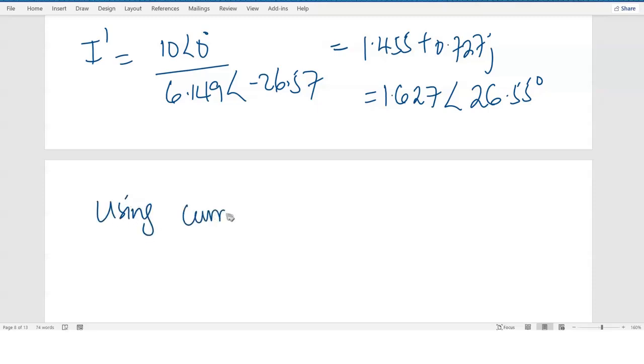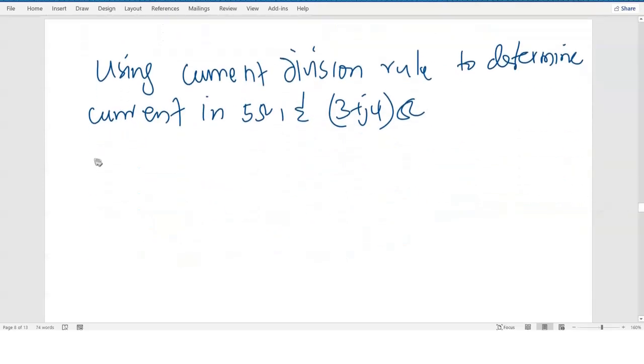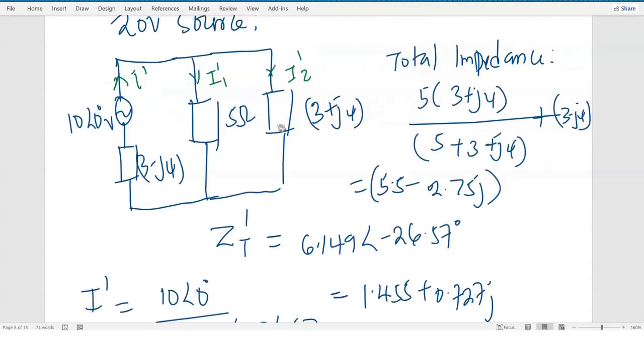But then we can use the current division rule to determine the current in the 5 ohms and the 3 plus J4 ohms. That is I1. Usually with the current division rule, if I want I1, I use the other branch: 3 plus J4 divided by 5 plus 3 plus J4.